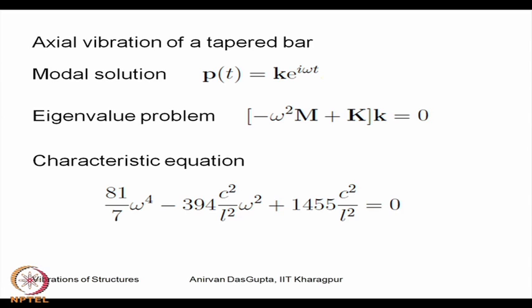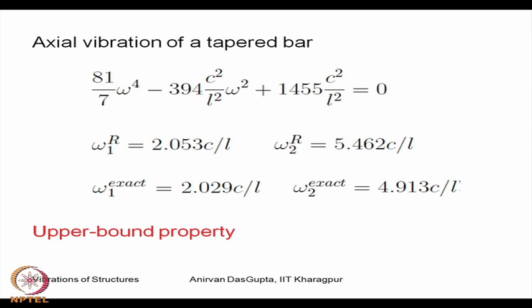Now, if you solve this characteristic equation, you will obtain the eigen frequencies of the system. Solving this, we obtain the circular eigen frequencies. As you can see, omega 1 superscript capital R is calculated using the Ritz method, and similarly omega 2 superscript capital R, and they are compared with the exact circular eigen frequencies.